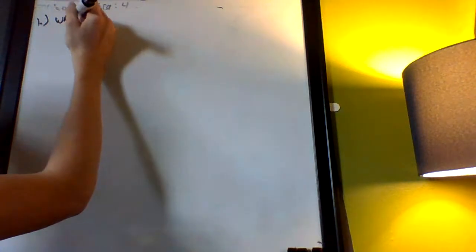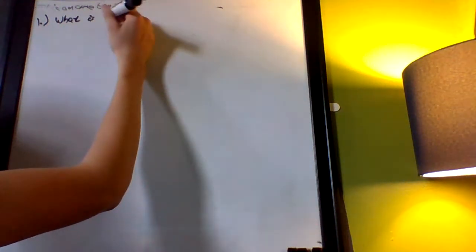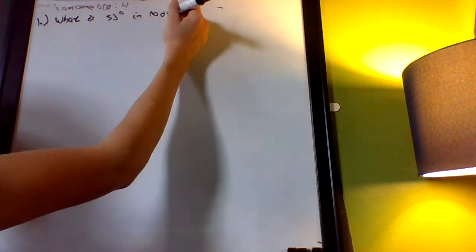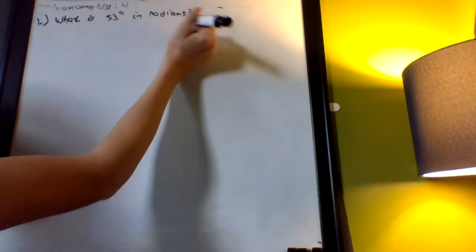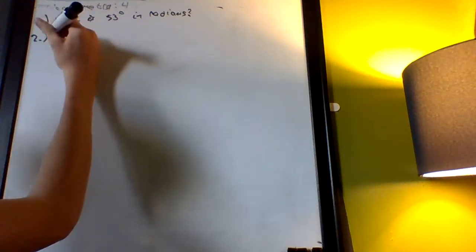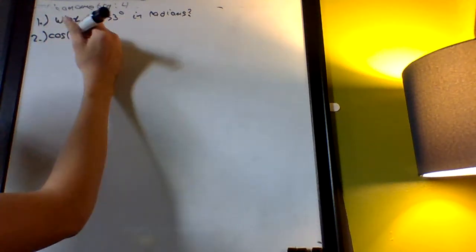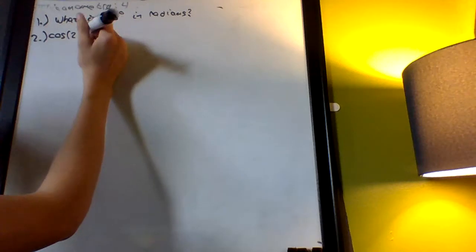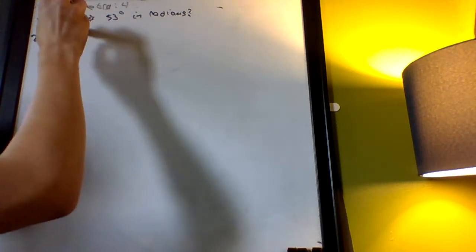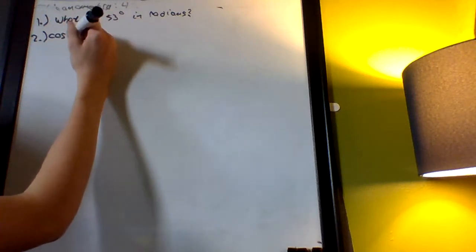Number 1, just as a review of last time, what is 53 degrees in radians? Number 2, what is the cosine of 2 times pi on 2?